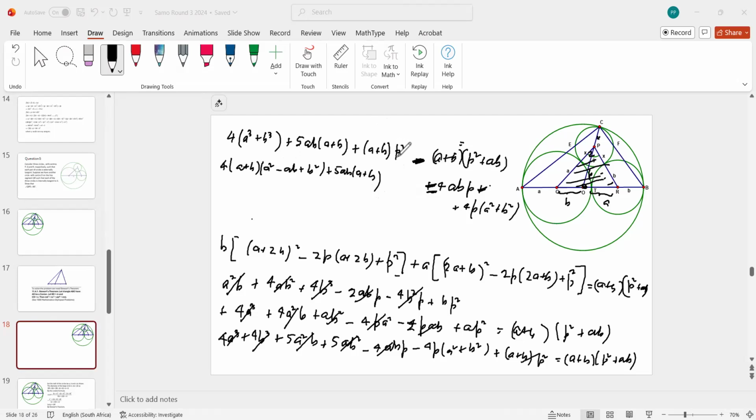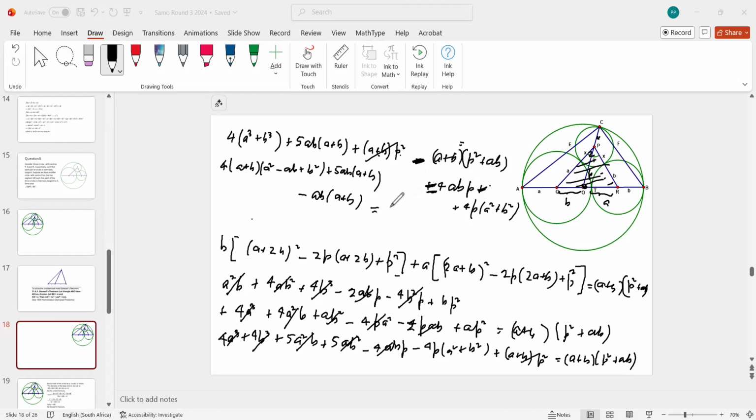Now, there's a plus b times p squared, and you got a plus b times p squared here. There's a minus sign in front of this. So that cancels. And what you're left on this side is minus a squared b. Oh, p squared minus ab into a plus b. Right? It's p squared into a plus b. That goes up there. And you have what's left here is minus ab into a plus b on this side.